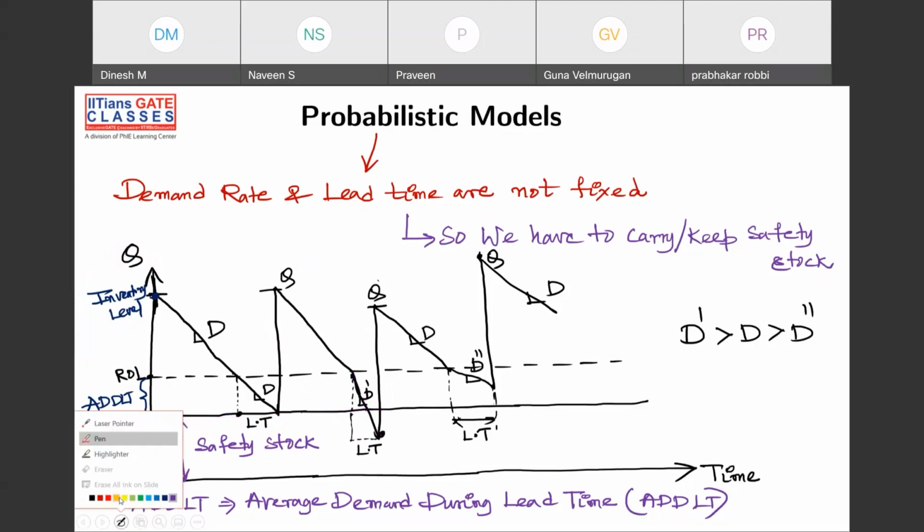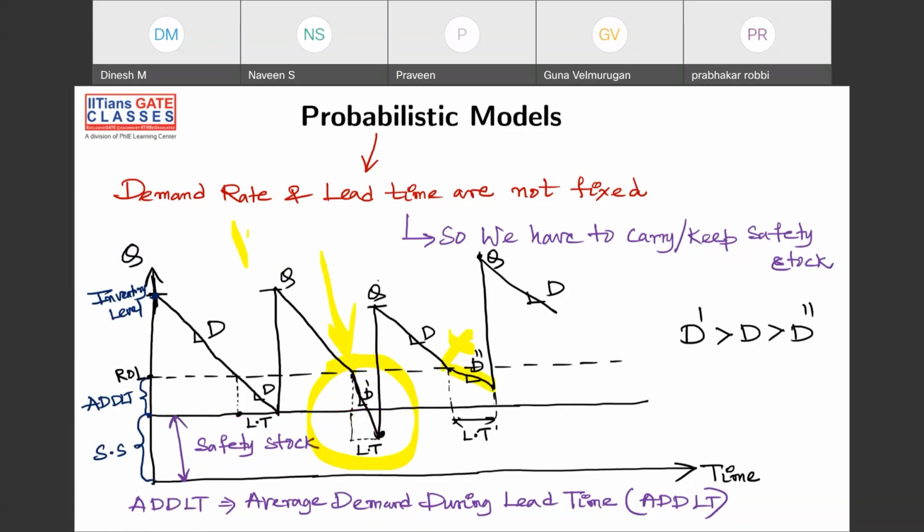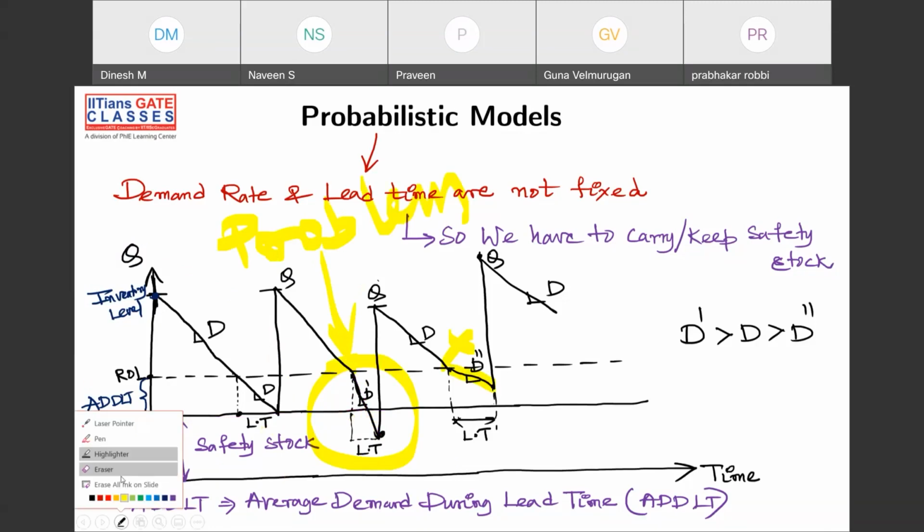Sometimes less quantity is consumed, so there is no problem there. The only problem occurs in this kind of case. That's the reason why you carry the safety stock.